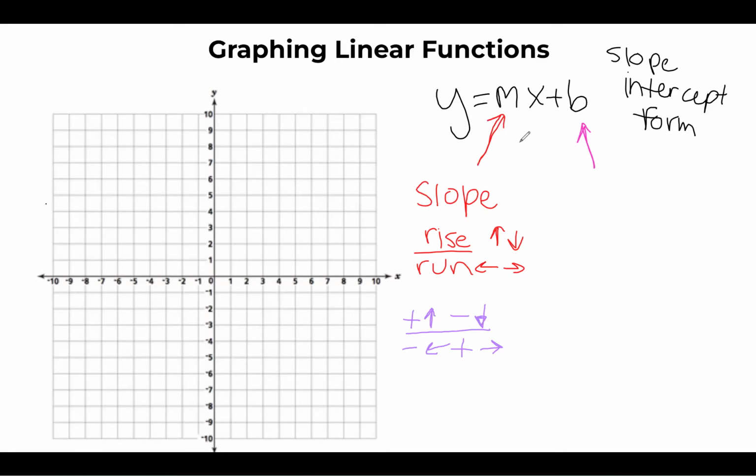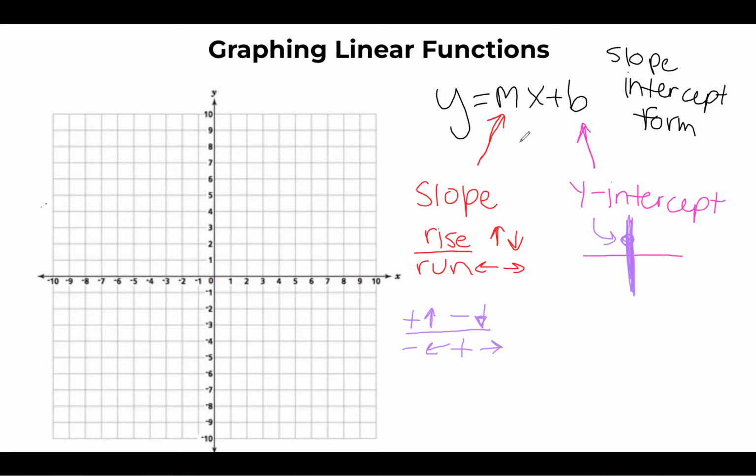Now that b is going to represent an intercept. Again, it's a part of the name. m is slope, b is going to be an intercept. It is specifically going to be our y-intercept. On your graph, it will be on the y-axis. So on that up or down, you will have a point somewhere that will represent your y-intercept.